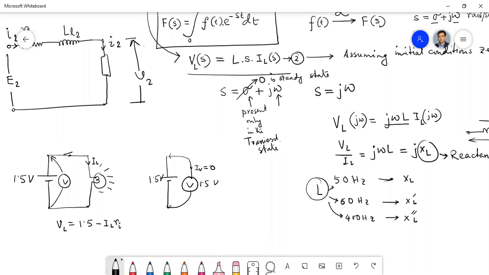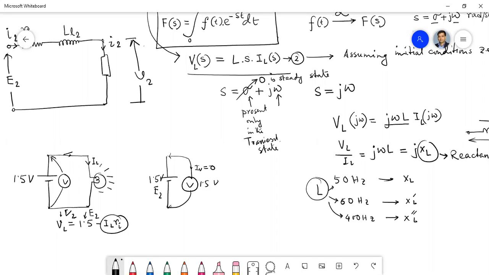So that means this voltage you can say is your open circuit voltage E2, and this voltage you are getting is V2, and this is the drop. So here also in our transformer, in the secondary coil, you have the open circuit voltage E2. When the current is drawn by the load, there will be a voltage drop due to the internal resistance or internal impedance of the coil.